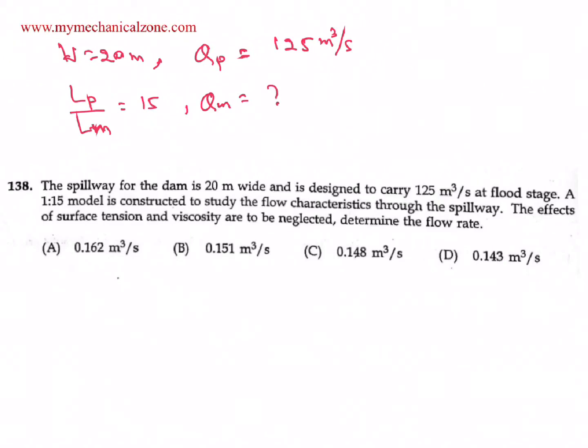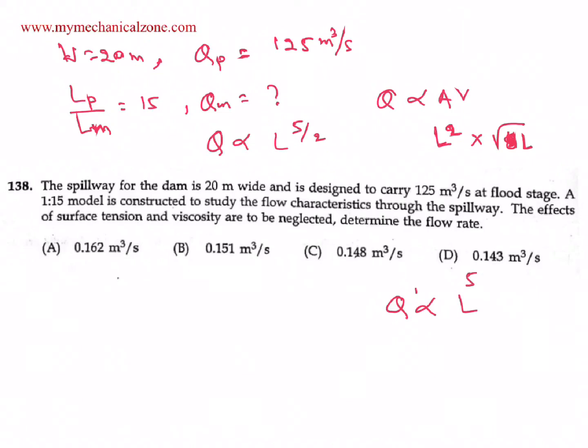We know our formula. Q is directly proportional to L to the power 5 by 2. So Q is proportional to area into V, or Q equal to A V. Area is dimension square, L square, into V is proportional to root H, or root L. So finally Q is proportional to L to the power 5 by 2.